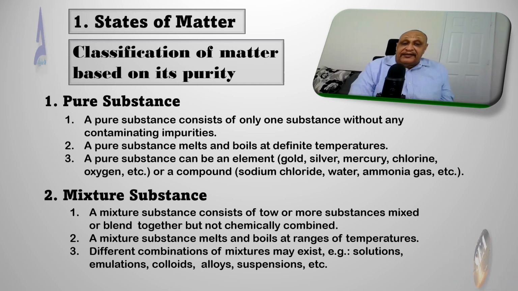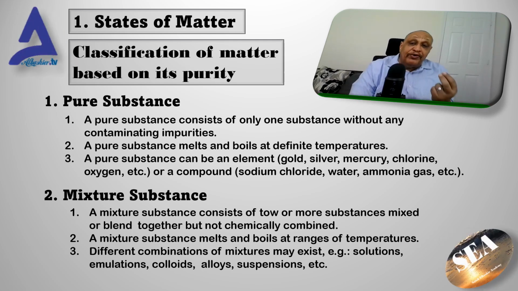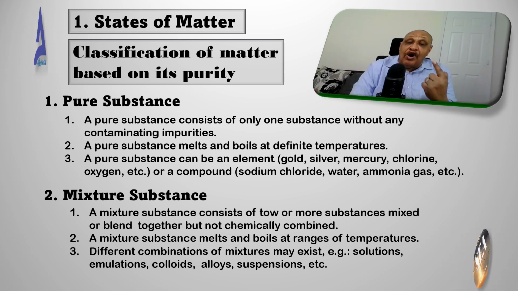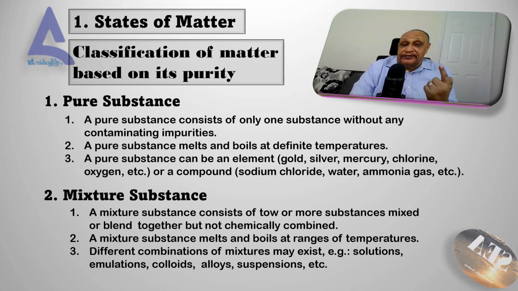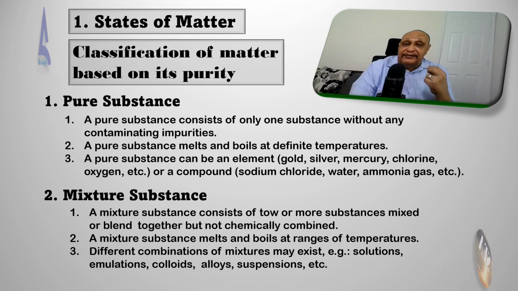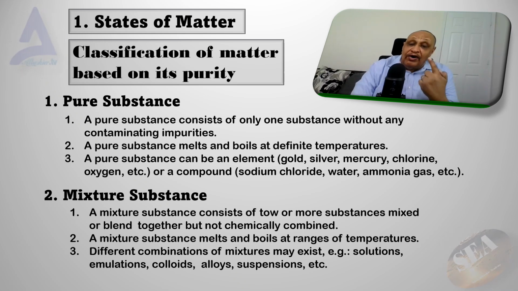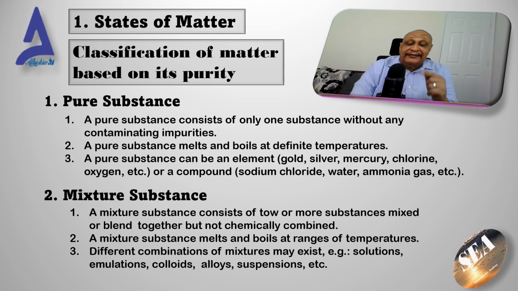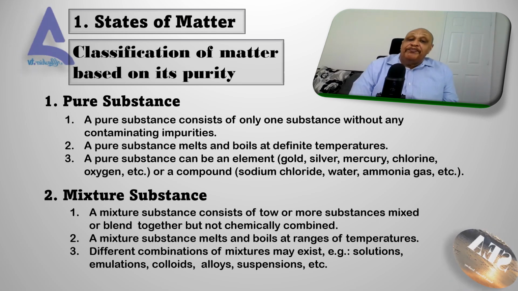Third, a pure substance can be an element like gold. That means it is composed of one type of atom, like gold, silver, mercury, chlorine, oxygen. I didn't say one atom, it's one type of atom. Or it can be a compound like sodium chloride.